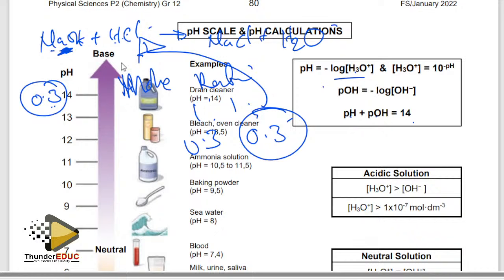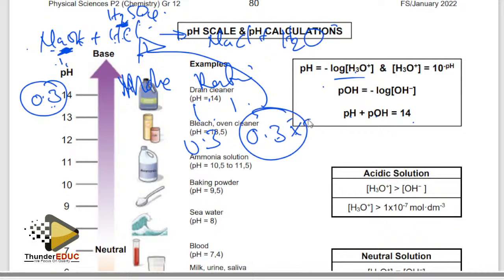You understand? The second example could be sulfuric acid. The mole ratio, you'll find it's 1 here, and then here it's 2. I'm just giving an example. Then you have to look at the number of hydrogens which are being released. If this sulfuric acid is 0.3, then when it ionizes, it's going to give me 2 of them.